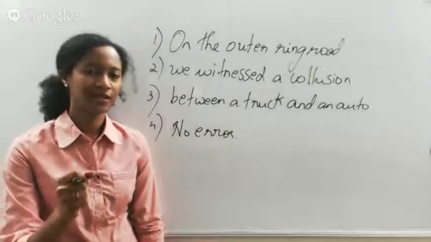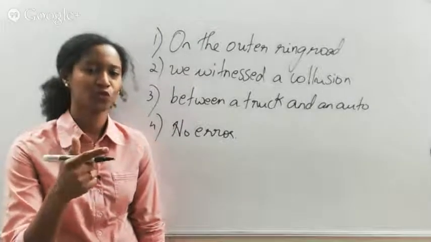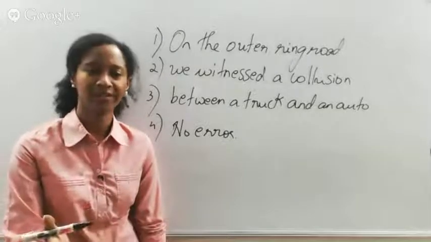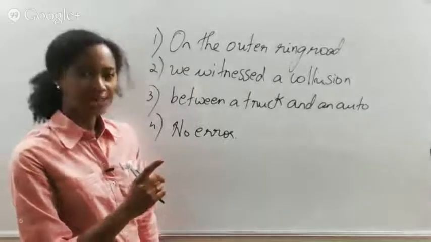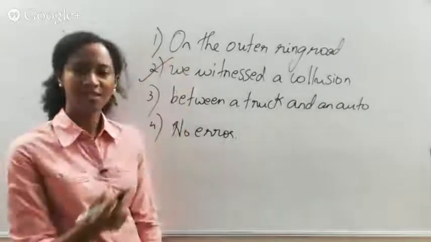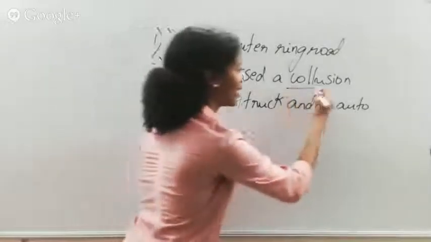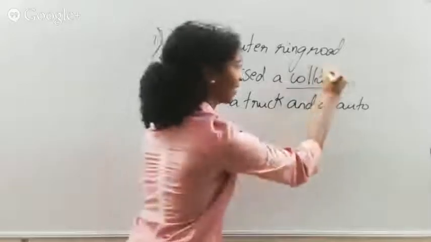I'm going to give you exactly 5 seconds. 1, 2, 3, 4, 5. Anybody answered? I don't think so. The error is in part 2. Collision. What should it be? Collision. Right?